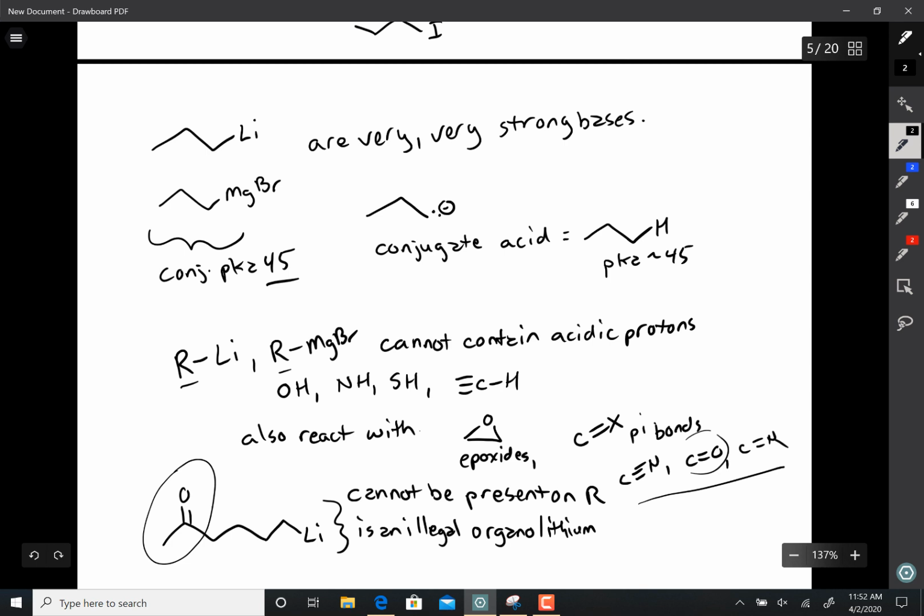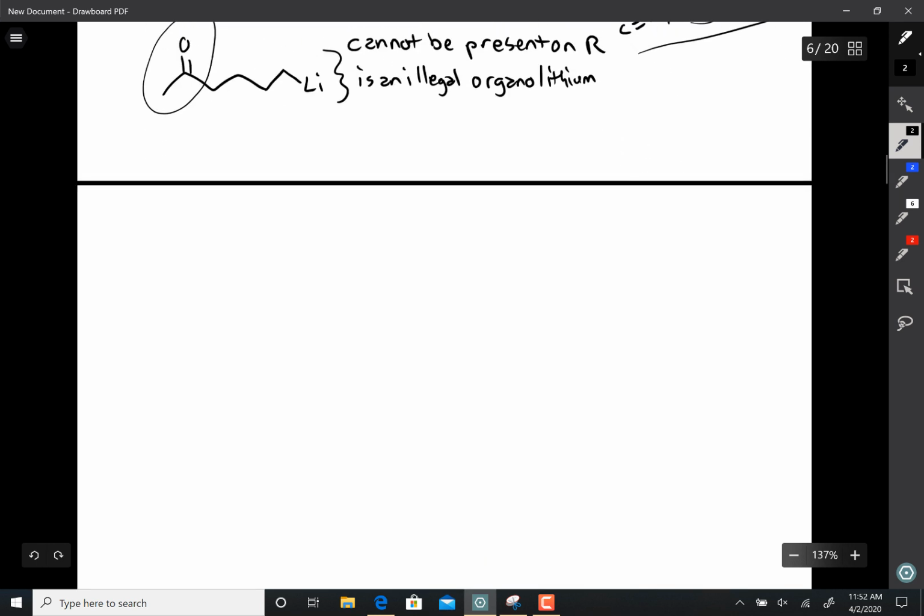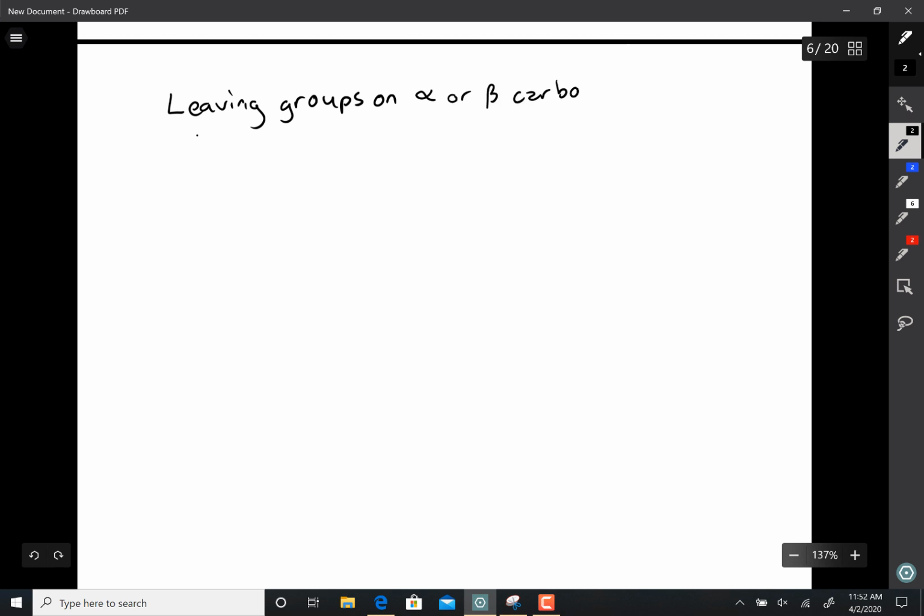And there is one last thing about Grignards and organolithiums that you can't have present. You cannot have leaving groups on the alpha or beta carbons, even bad ones.